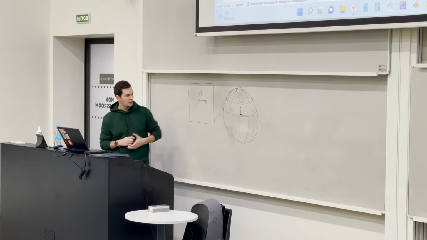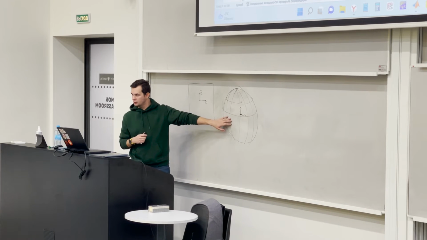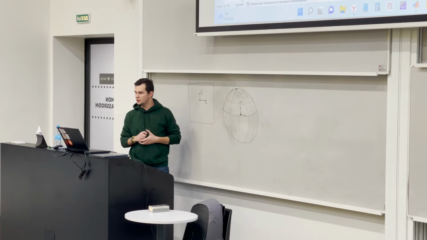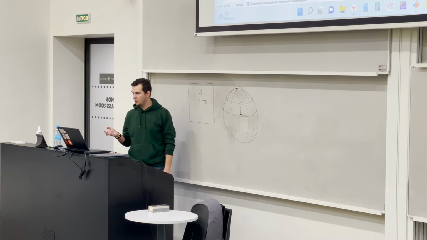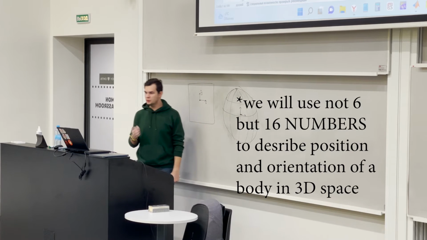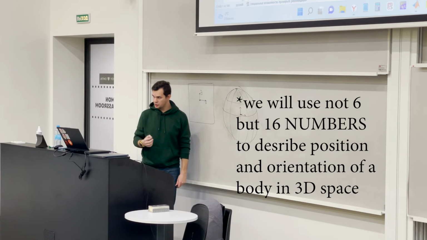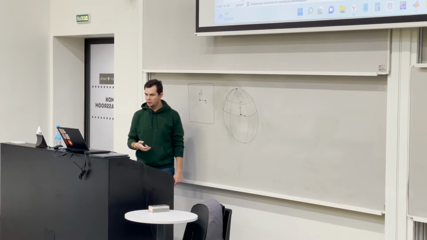It's a very simple case, and we can draw it, but we cannot draw something in 6 degrees of freedom. In real life we have 6 degrees of freedom, and we're not going to use 6 numbers but 16. We're going to use a homogeneous transformation matrix, a 4 by 4 matrix, so it has 16 numbers.